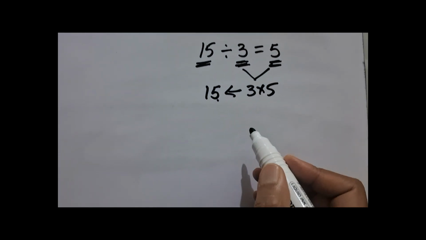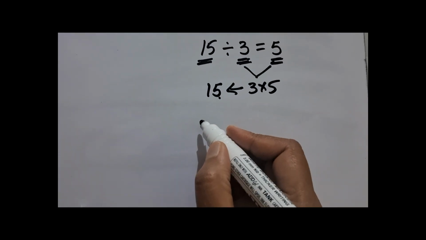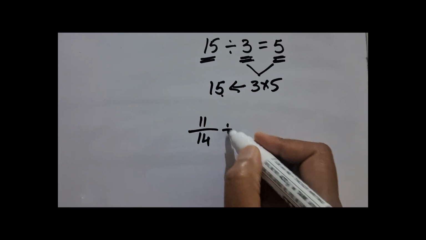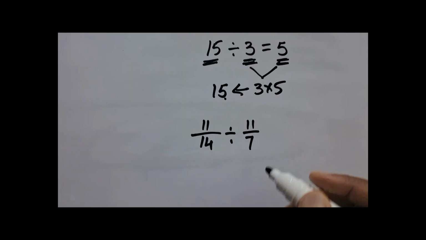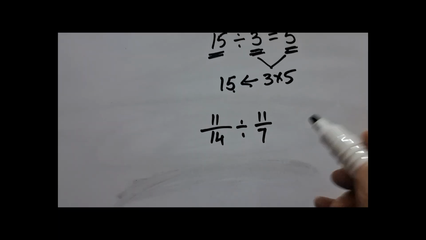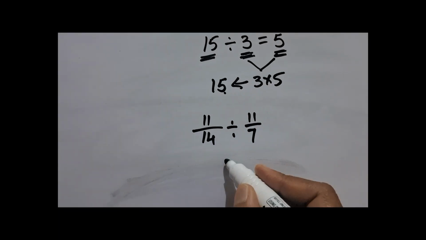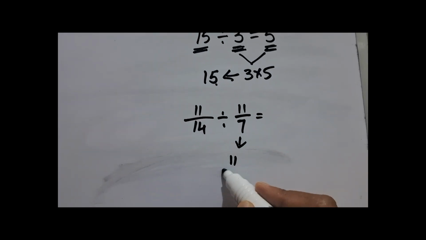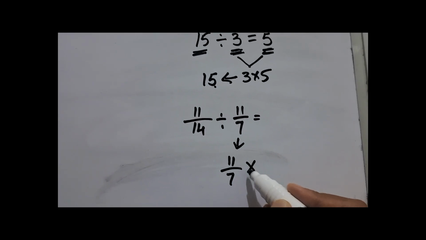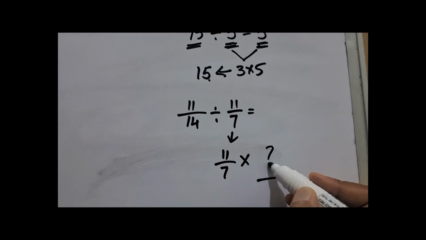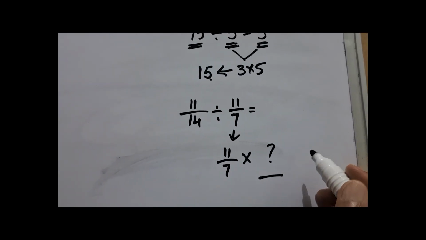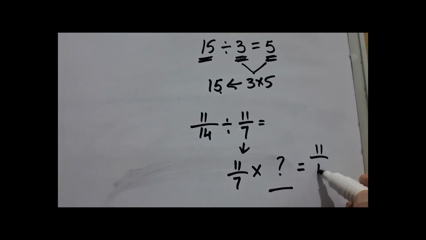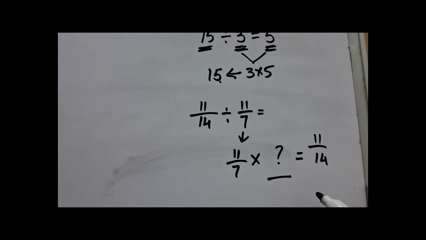Now, for fractions, take the example 11 by 14 divided by 11 by 7. Okay, children. Now, this divisor is multiplied with what? We get the dividend 11 by 14. That we need to see.